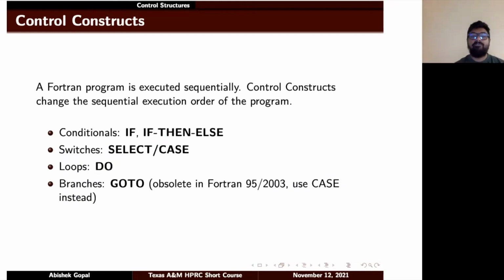You usually have to do many sorts of branching. So depending on certain conditions, your code can take different pathways. To do that, we have the control structures, the control constructs. There are several different types of them, 4 different types.